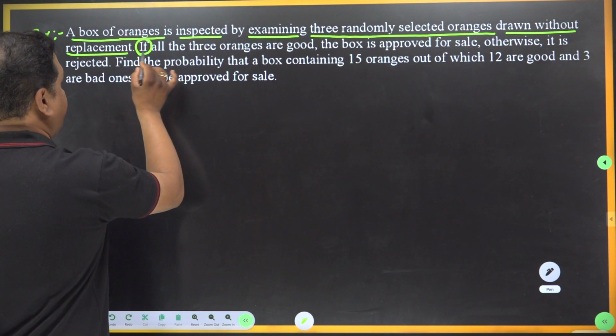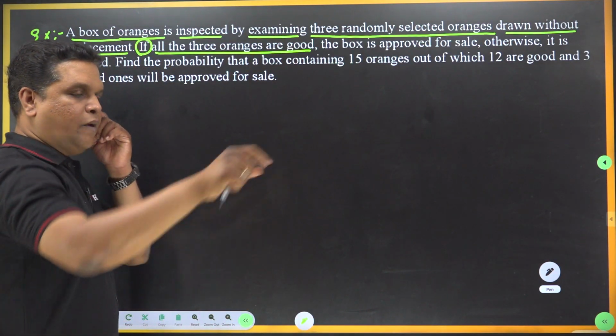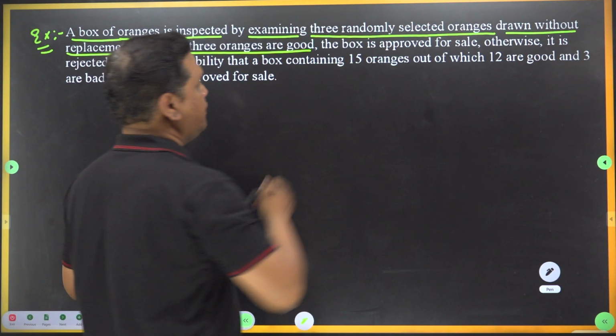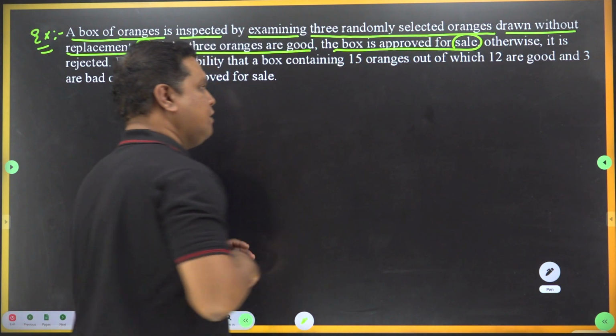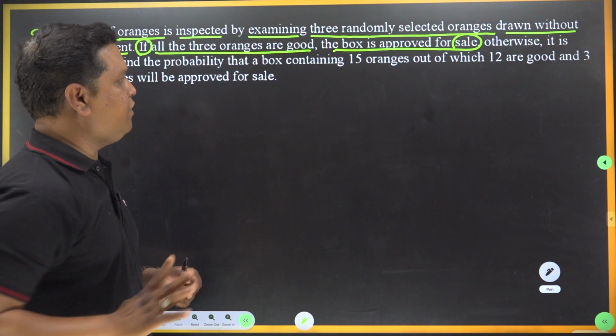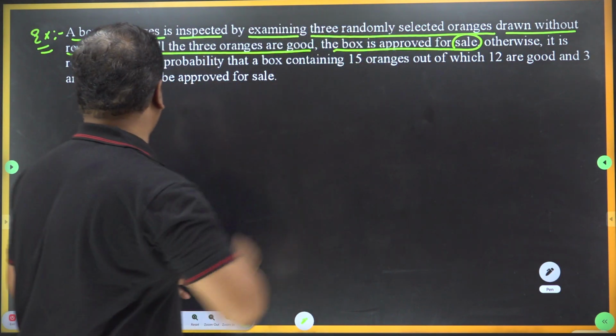If all 3 oranges are good, that means every time you are selecting good oranges, then the box is approved for sale. So if you pick up 3 oranges in good condition, then the box is approved for sale, otherwise it is not.